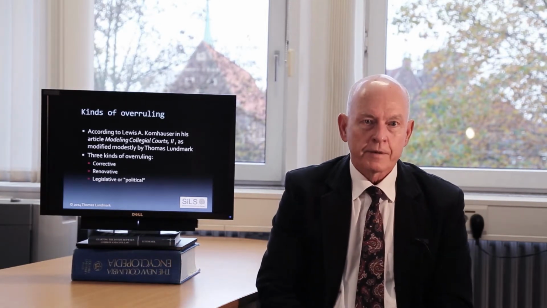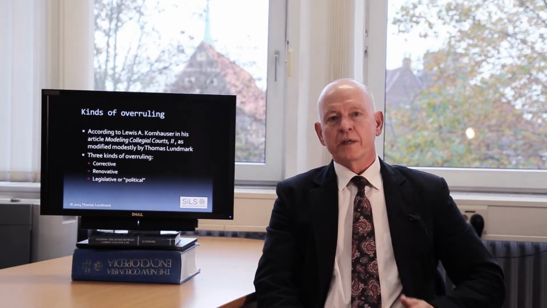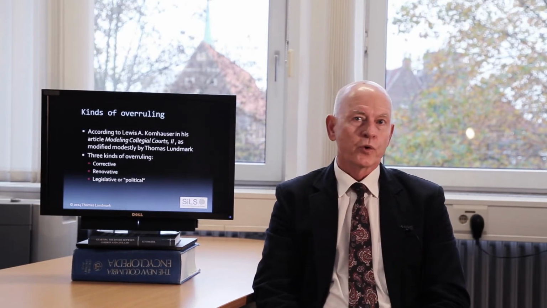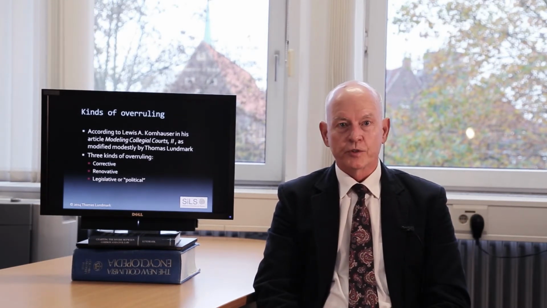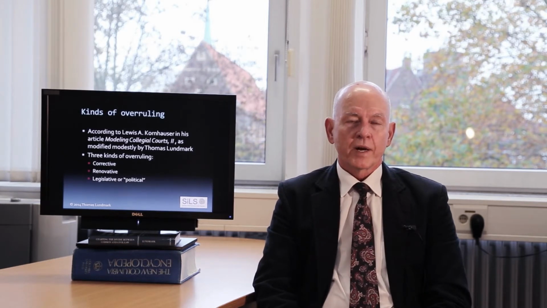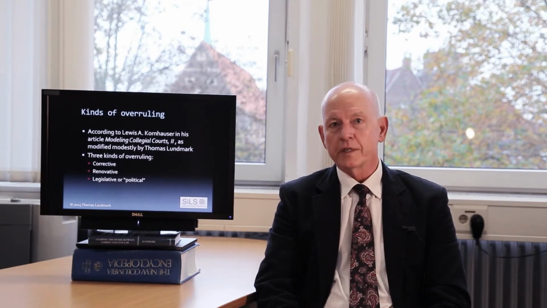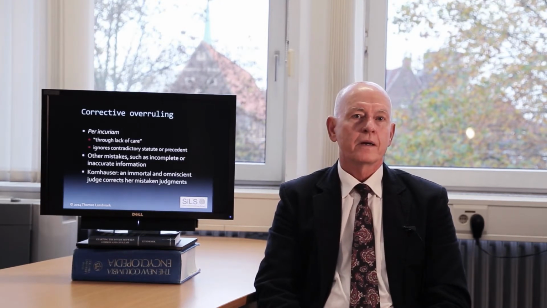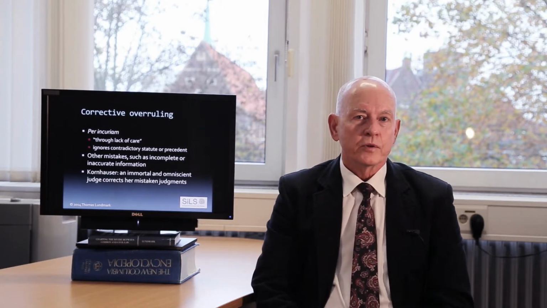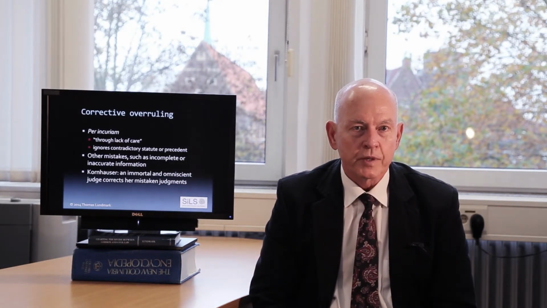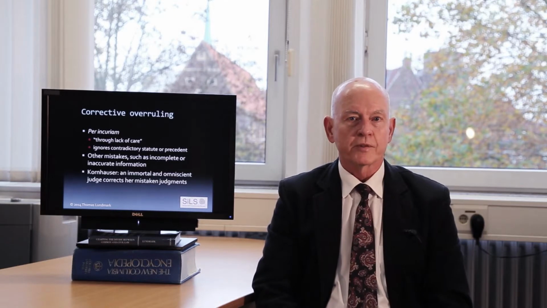Kinds of overruling. There are basically three, as identified by Louis Kornhauser at New York University: corrective, renovative, and legislative or political. Let's look at each in order. Corrective overruling is sometimes called per incuriam, which means through lack of care.